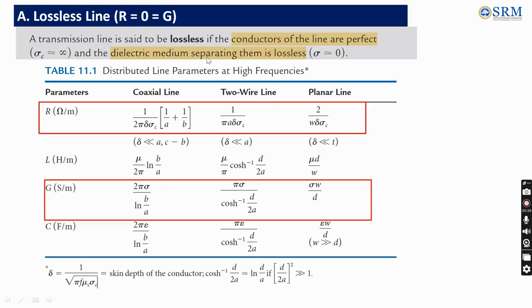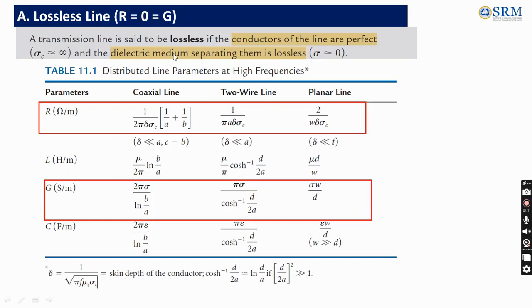A transmission line is said to be lossless if the conductors with which the transmission line is made are perfect conductors, that is conductivity is approximately infinity, and the dielectric medium is lossless. So the conductivity of the dielectric medium is zero. We can see here the primary constants of the transmission line R, L, G, C computed for three different types of transmission line: coaxial, two-wire, and planar line.